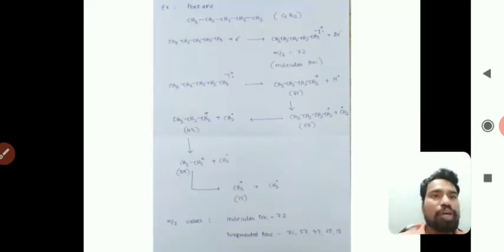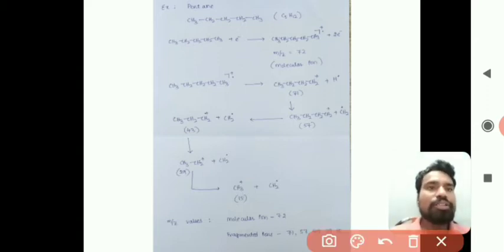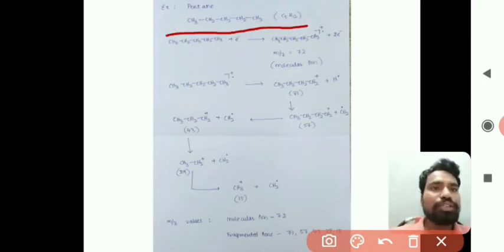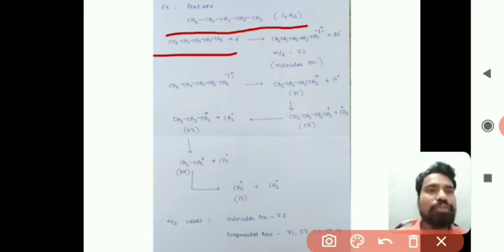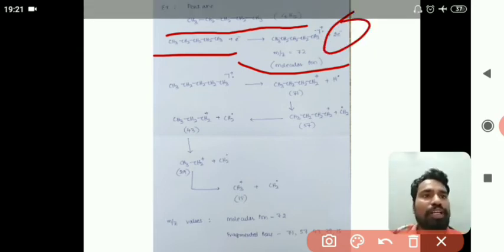Just observe here, we'll look at an example of pentane. The pentane structure is CH3 CH2 CH2 CH2 CH3, that is C5H12. When it is bombarded with electrons, it forms a molecular ion, the C5H12 radical cation, plus 2 electrons.